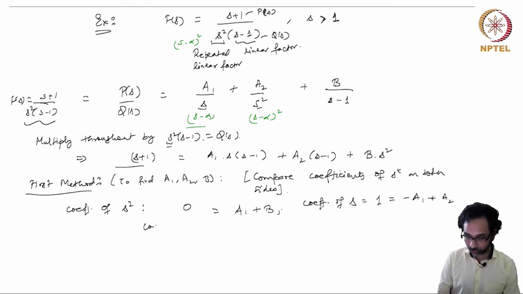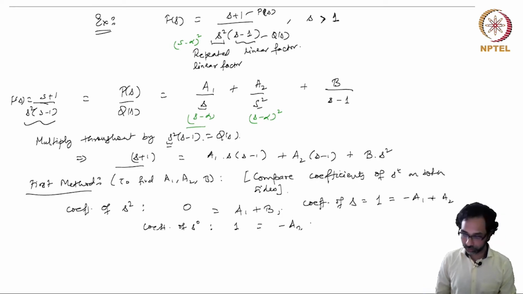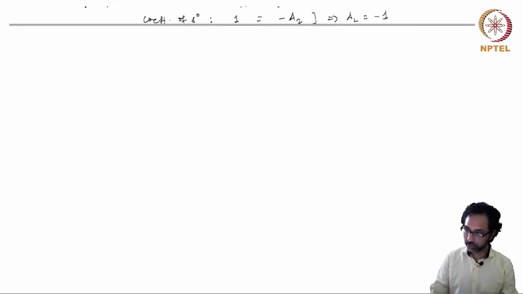And thirdly, if you compare the coefficient of s to the power 0, which is the constant term, you will get on the left hand side 1, and on the right hand side you will get minus a2 simply. So here immediately you get the answer for a2, which is minus 1, and then you can solve for the other equations.